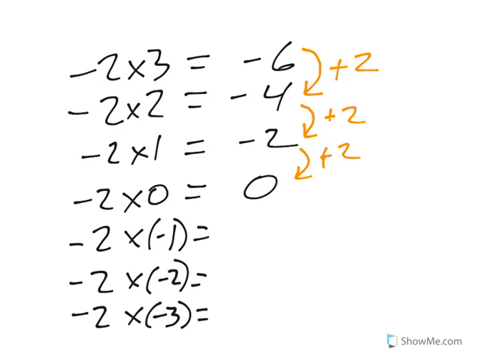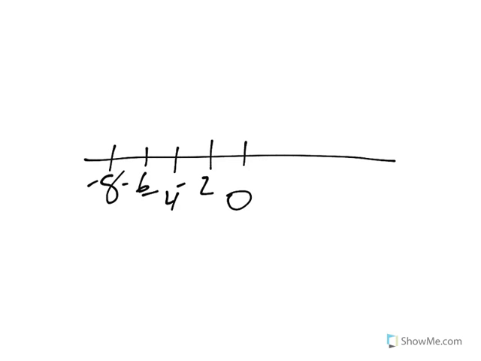This is potentially difficult to see, so let me look at it on a number line. It's a little bit easier there. So if I look at a number line, there's 0, and there's -2, and -4, and -6, and -8, and there's 2, 4, 6, 8.